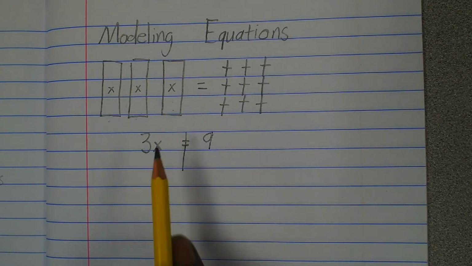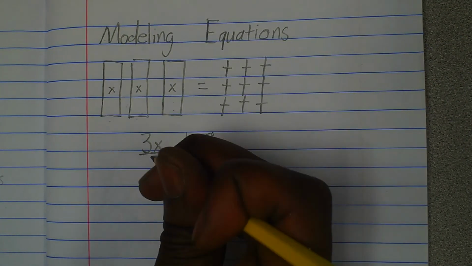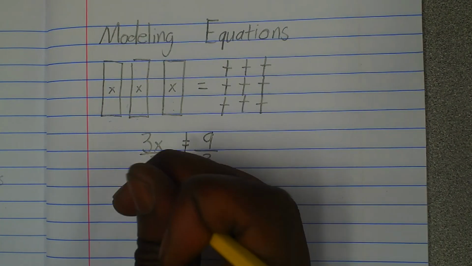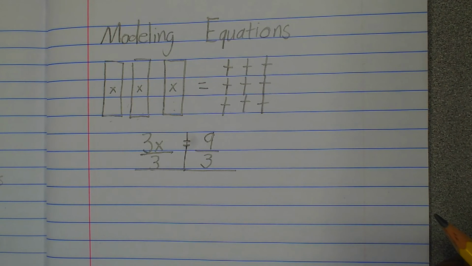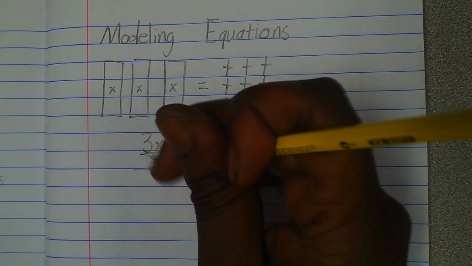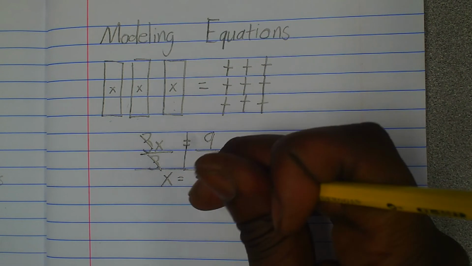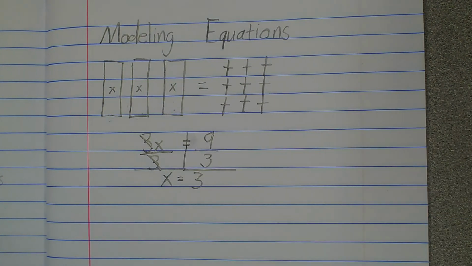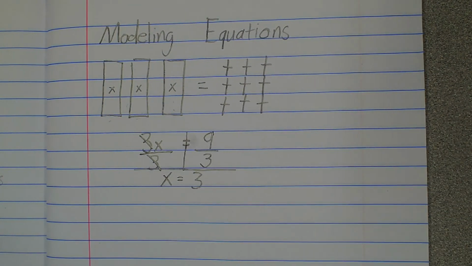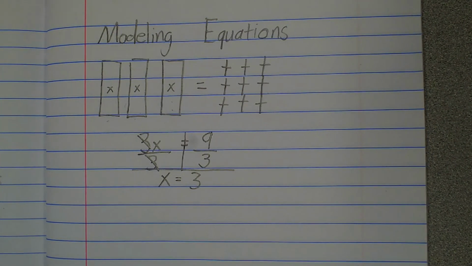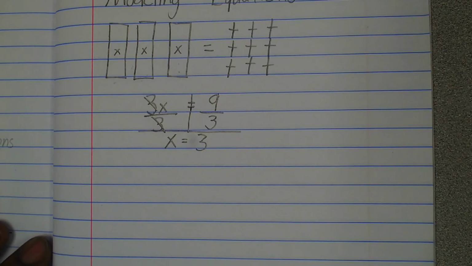Since we're multiplying, we're going to divide by 3 on both sides. And of course, the 3's are eliminated. That means x is going to equal 3. Okay? Pretty simple, right?